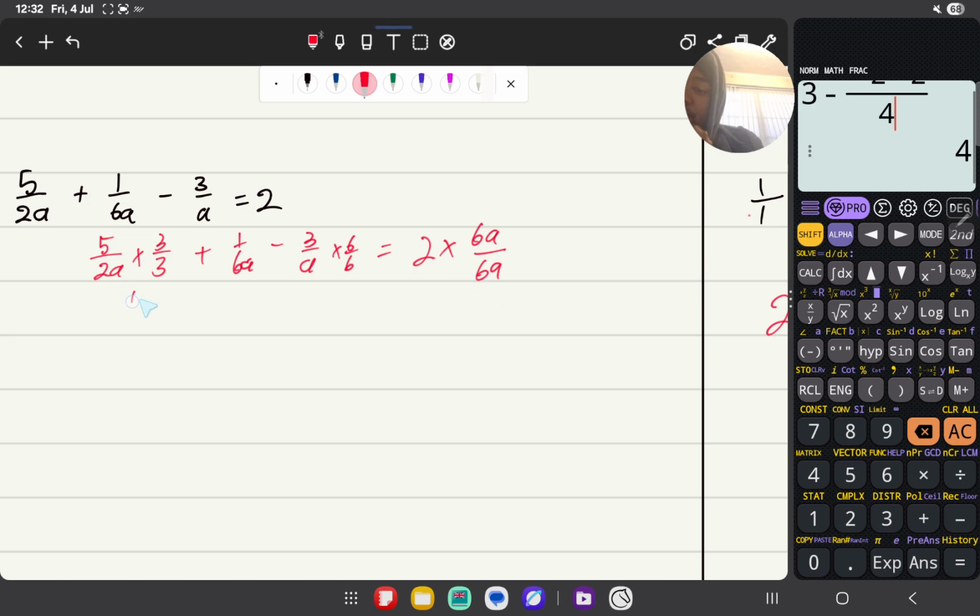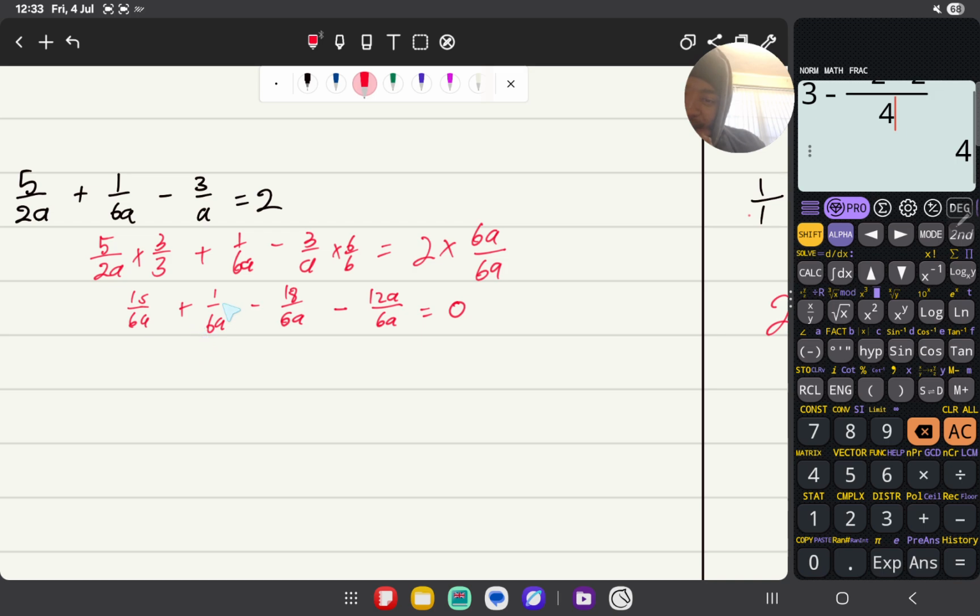So then you have 15 over 6a plus 1 over 6a minus 18 over 6a, minus, now I'm taking this one to the side, 12a over 6a. And then I have 0 this side.